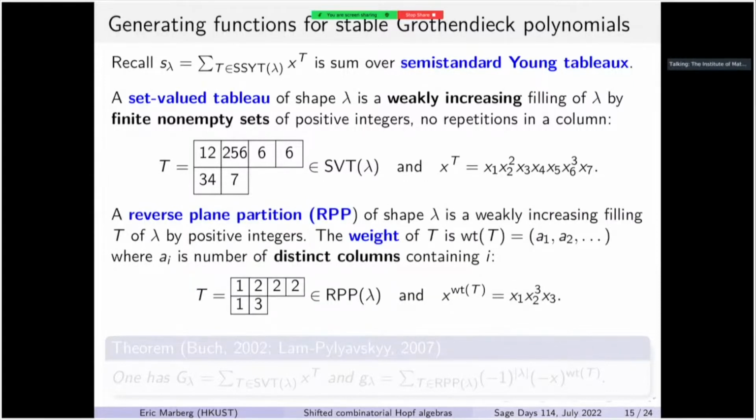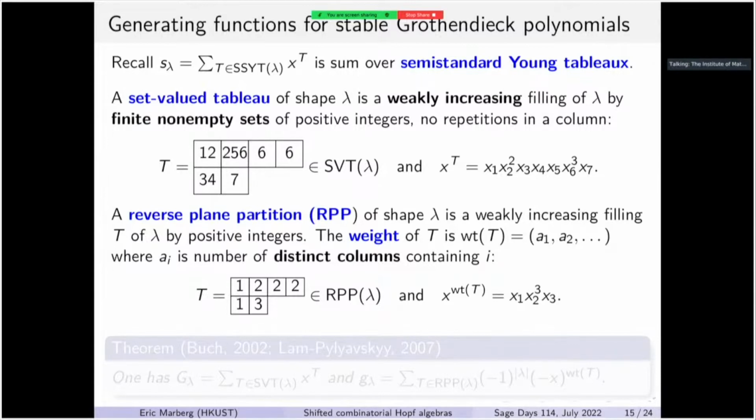Okay, a reverse plane partition of shape lambda is another kind of filling of a Young diagram, this time by just positive integers, so no sets, just each box has 1 entry. And now everything can be weakly increasing. There's no condition about repetitions. So you can have 1s in a column, you have 2s in a row like this. So the non-trivial aspect of these gadgets is what their weight is.